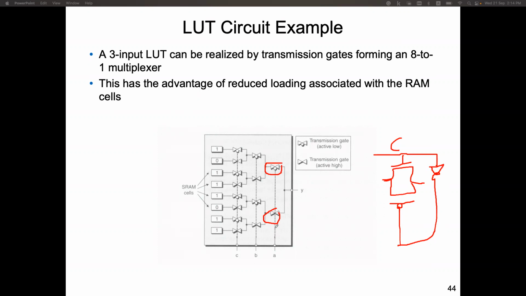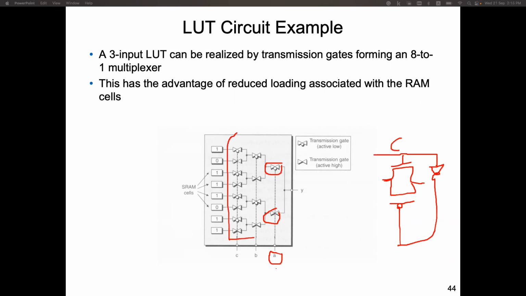So here, signal A enables one and only one of the paths. So we use this transmission gate, which contains transistors, as a multiplexer. This is one way to implement this multiplexer.